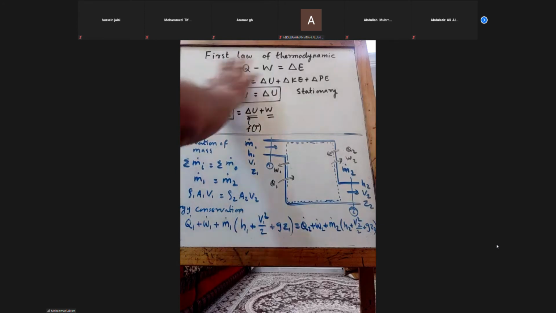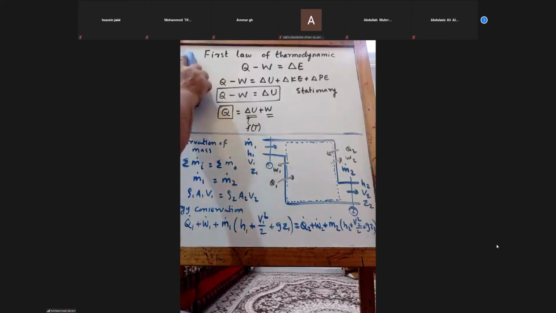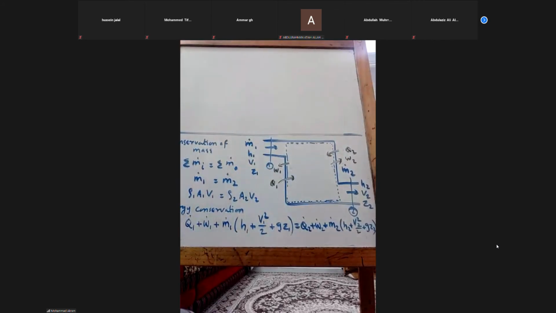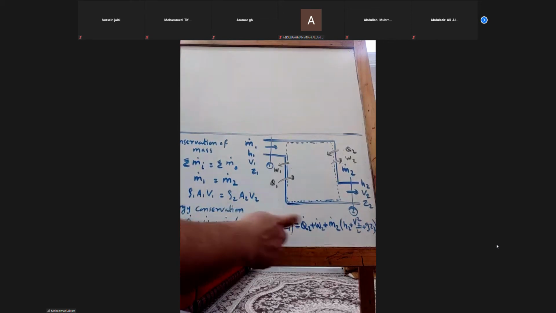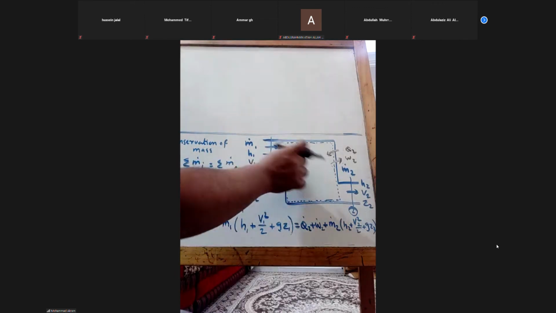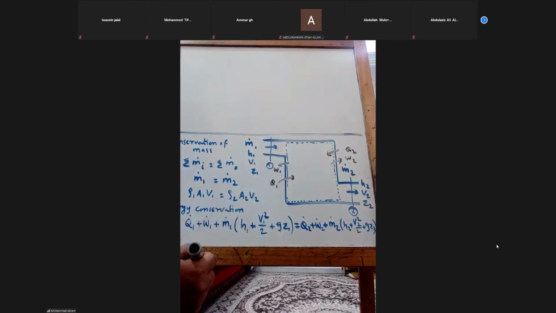Now, can I erase this? Yes. So instead of writing 1 and 2, we can write Q1 minus Q2 or W2 minus W1. Usually 1 is the inlet and 2 is the outlet.